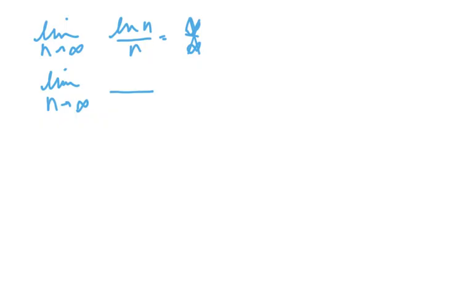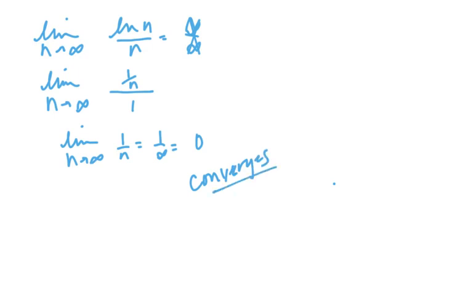So the derivative of natural log of n is 1 over n, and the derivative of n is 1, not n. Let's try that again, 1. So we have the limit as n approaches infinity of 1 over n, which is 1 over infinity, which approaches 0 in the limit world. So this one converges. So make sure that you are careful about your convergence and divergence. But go back and double check your L'Hopital's rule and brush up on that.